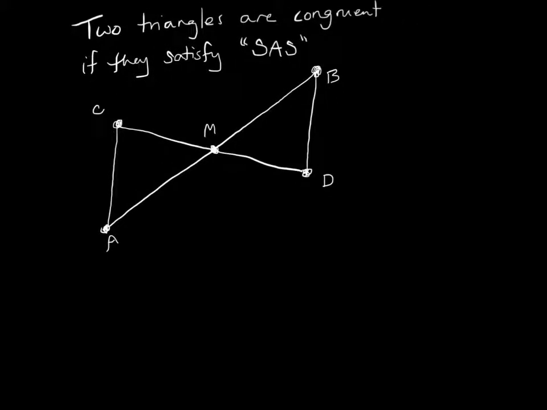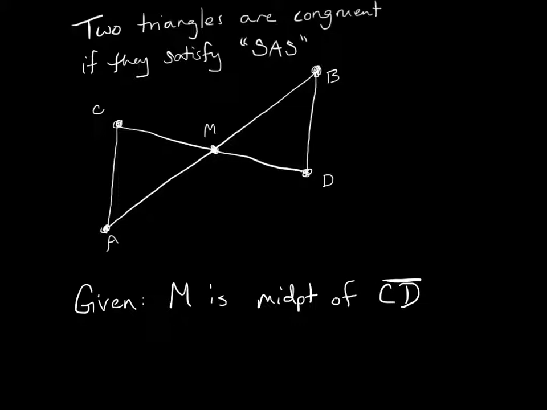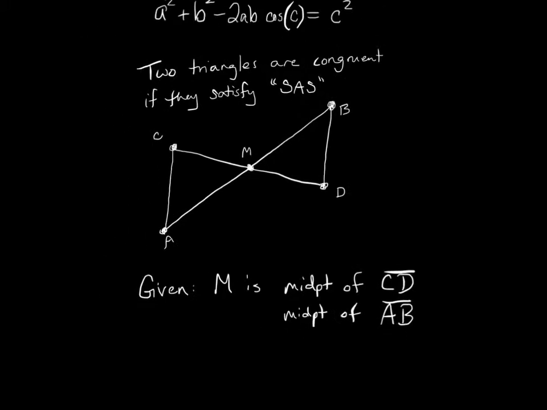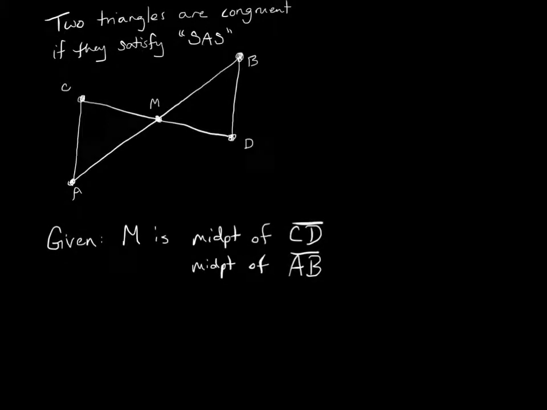An example problem might be if I was given that M is the midpoint of CD and it's the midpoint of AB. What I might have to prove is that triangle AMC is congruent to triangle BMD.